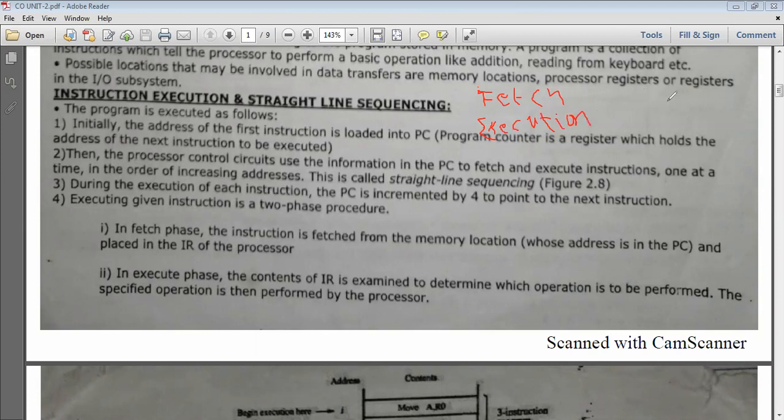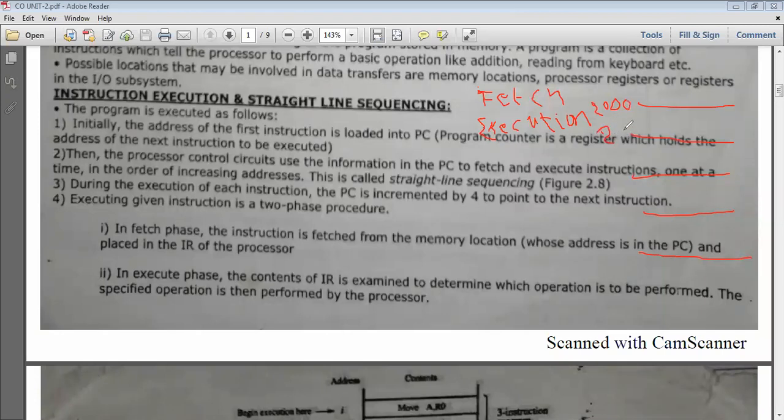Those instructions will be stored in memory locations. Suppose the first memory location is 2000 and the second memory location is 2004.